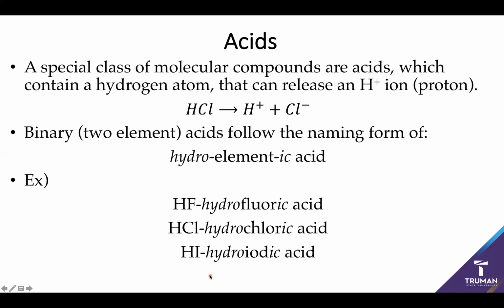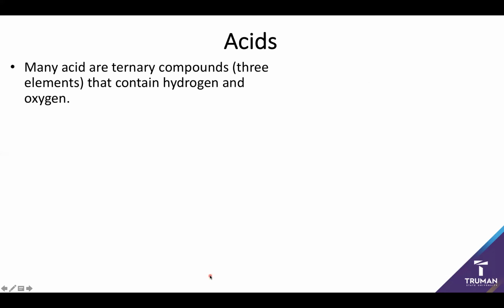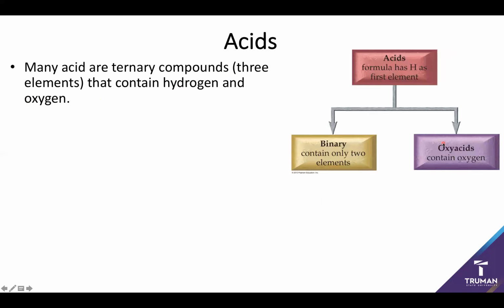However, one of the things we do have to watch out for is that many of our acids are going to be ternary. So this means that they contain 3 elements instead of just 2. Most of these acids are going to have one of those elements, of course, being hydrogen because it is an acid. And then another one is oxygen, because really what they are is what we call oxyacids.